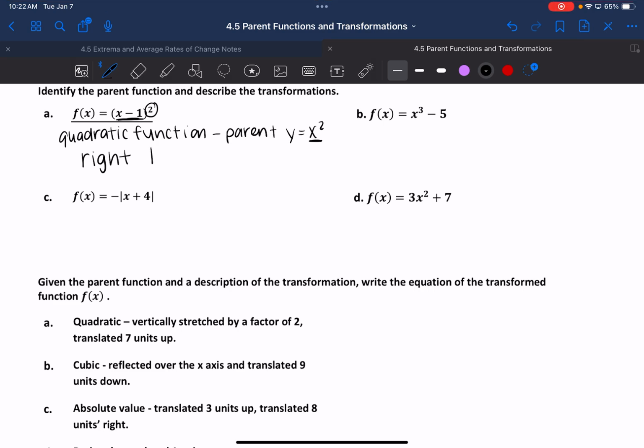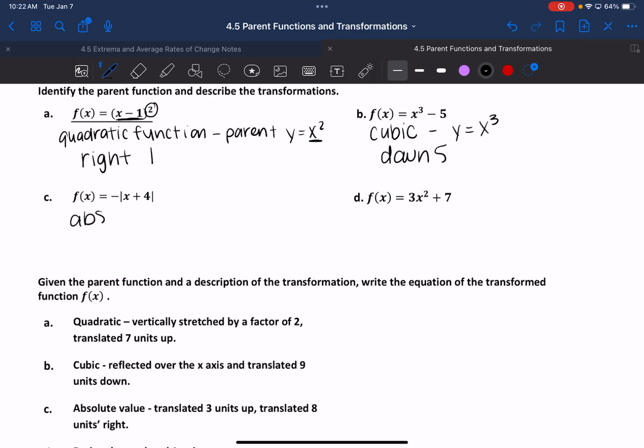So for part B, which parent function did you say this was? Cubic, good. So this is the cubic function, which is the equation y equals x cubed. What did you say the change was for this one? Very good. For part C, which parent function is this one?